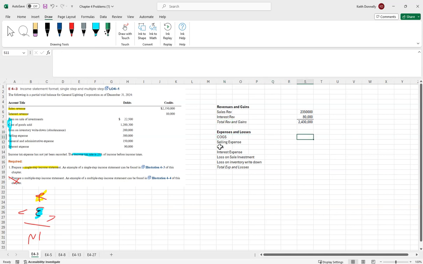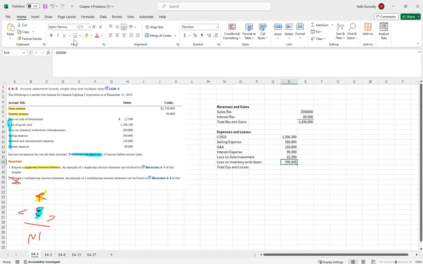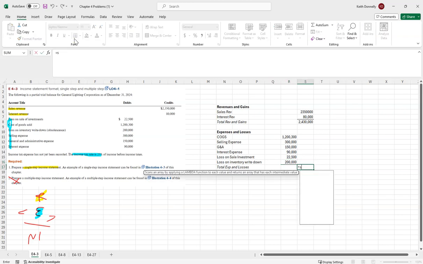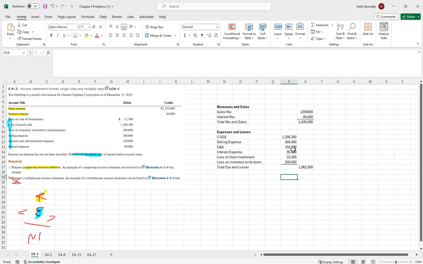If we pluck those numbers from over there, I'll move it in just to be consistent with how they're presenting it here. We got 1.2, 300,000, 150, 90,000, 22.5, 200. Throw that little subtotal line there. You can sum this, and we're looking at $1,962,800. What this will get us is essentially our pre-tax book income, PTBI.